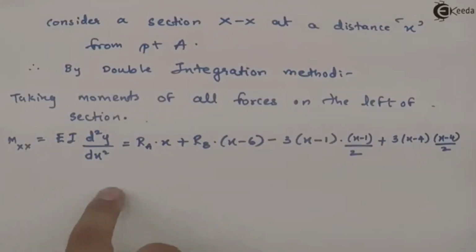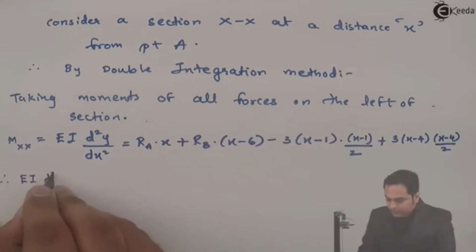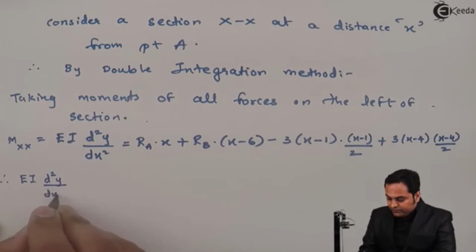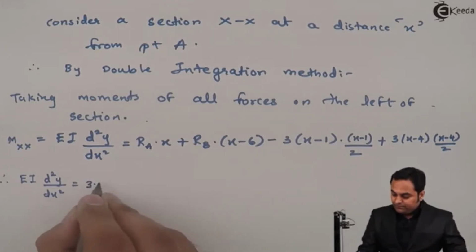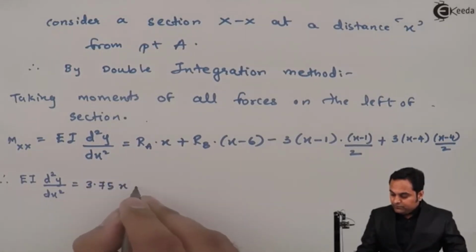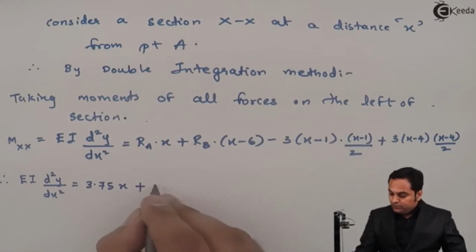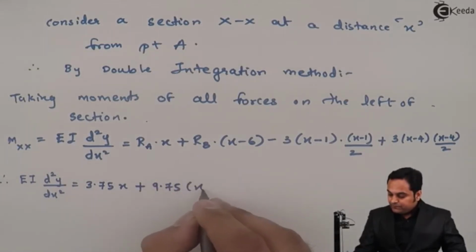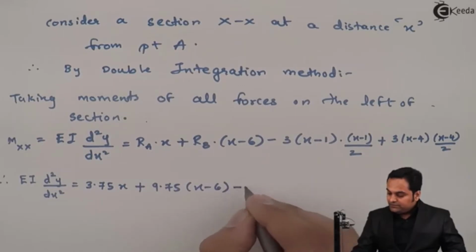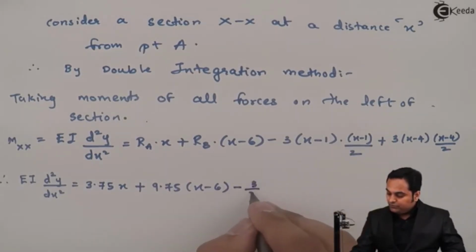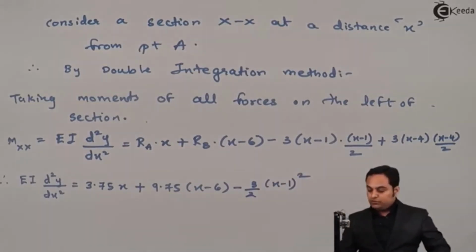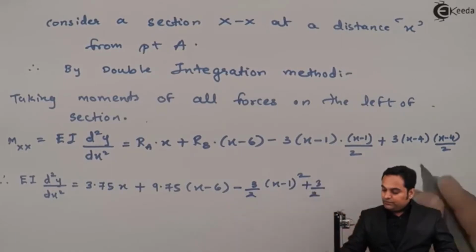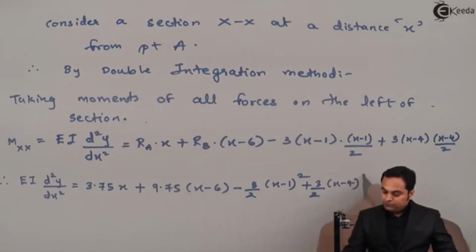So now here I'll go on putting the values. EI d square y by dx square is equal to RA value was 3.75 into x plus RB it was 9.75 into x minus 6 minus 3 by 2 into x minus 1, that becomes x minus 1 whole square, plus 3 by 2, and this is x minus 4 whole square.